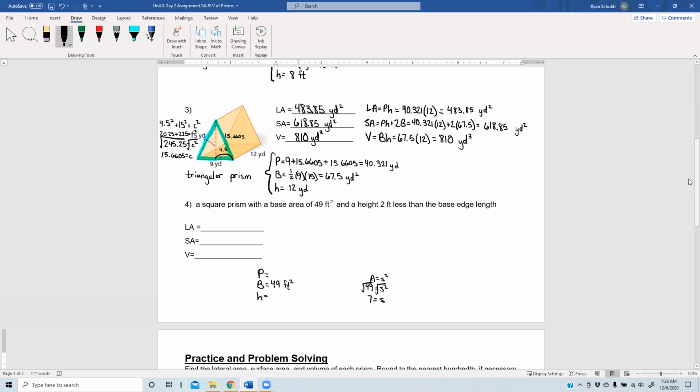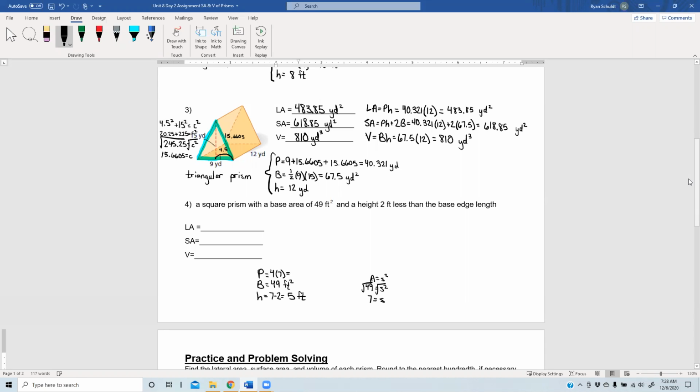So we can get the height because it says the height is 2 less than the side. So 7 minus 2 is 5 feet. There's our height. Then we just need perimeter. So it's a square, so we can do 4 times 7.